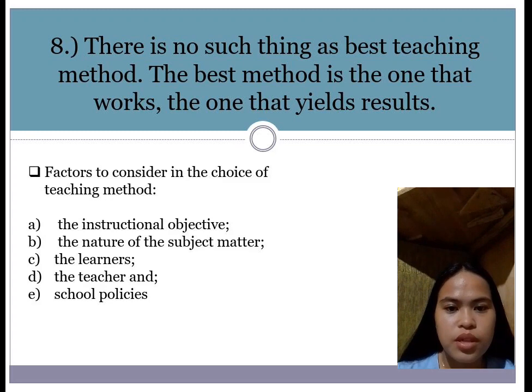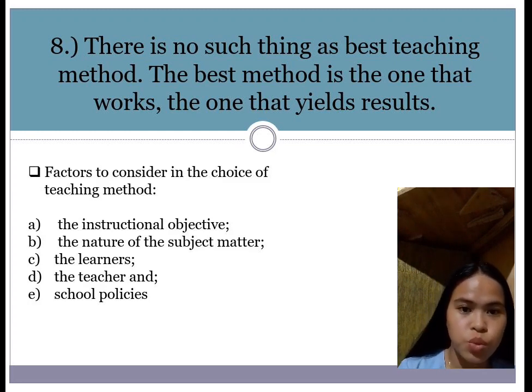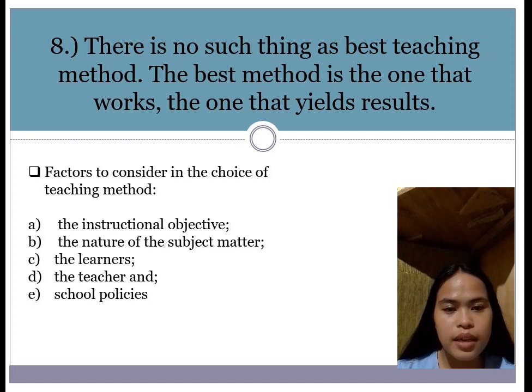To discuss the instructional objectives, it is essential that when our lesson is focused on the mastery of a skill like writing a paragraph, we will need a strategy different from that which we employ when we intend to teach an appreciation lesson.